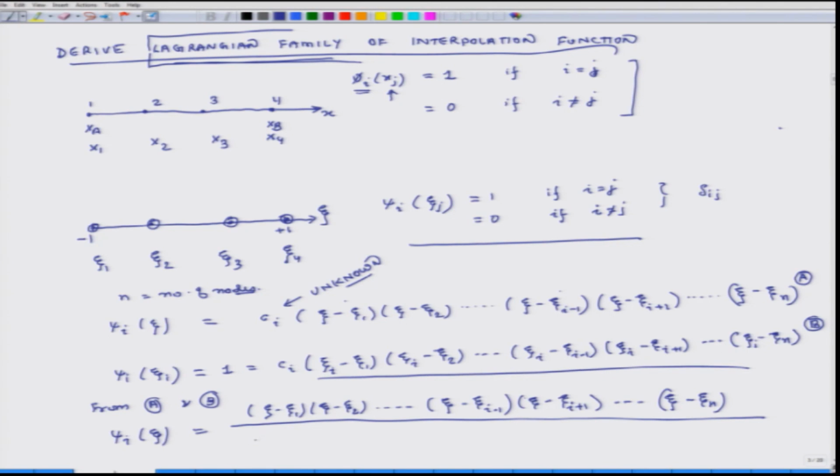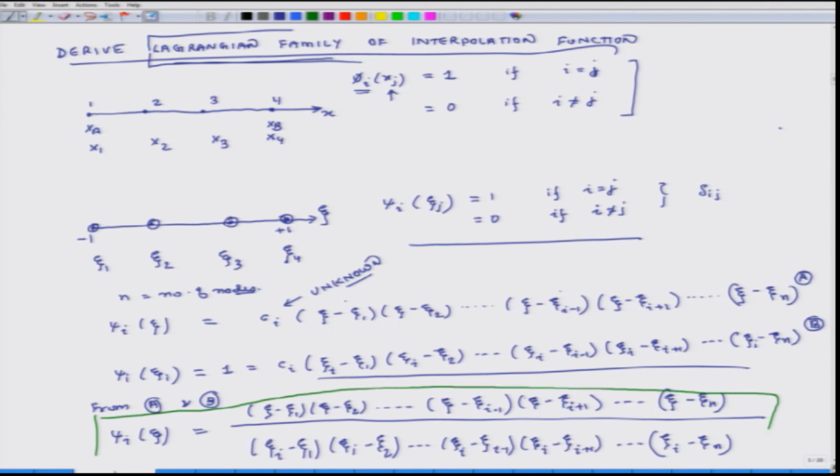So, in the denominator I get this. That is my function, the definition of the function psi I in zeta coordinates, right.